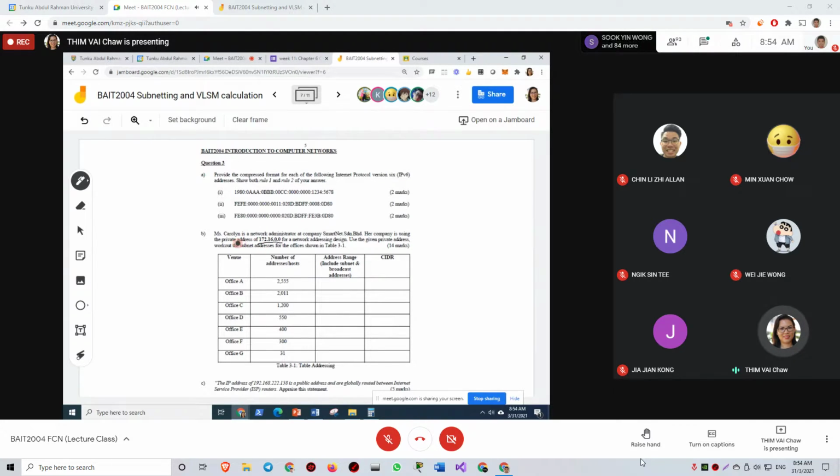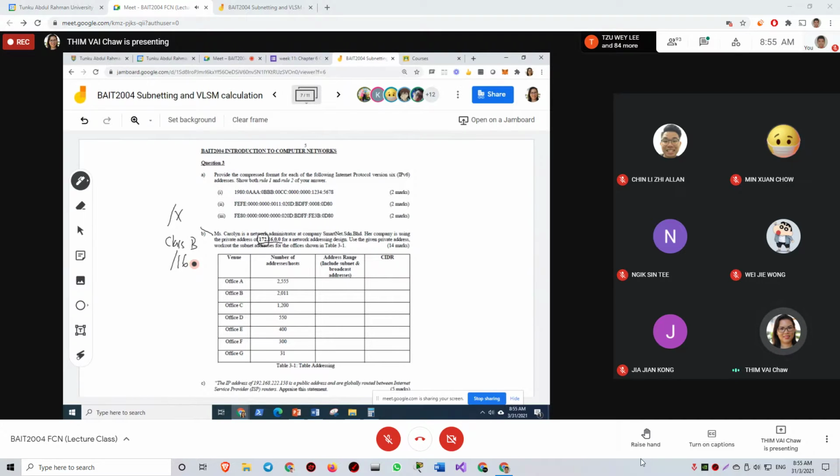Over this question, they did not tell you what the prefix length is. Due to this question, they did not give any prefix length for you. Therefore, you need to assume that this 172 is a class B, and then the prefix length is /16.